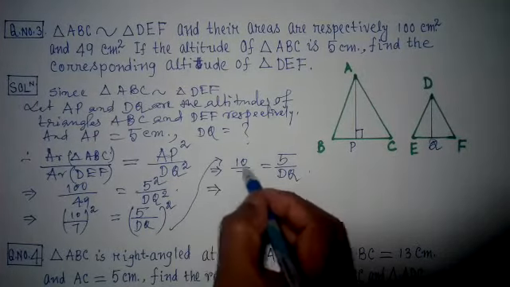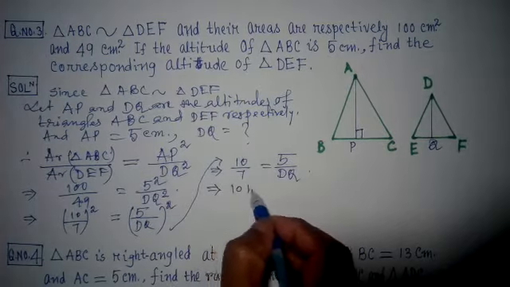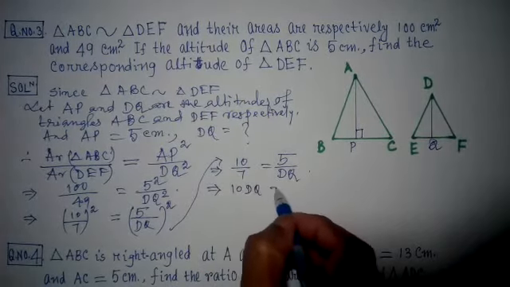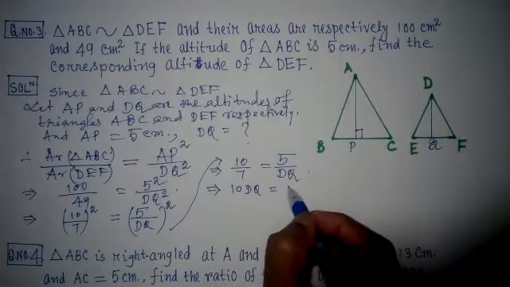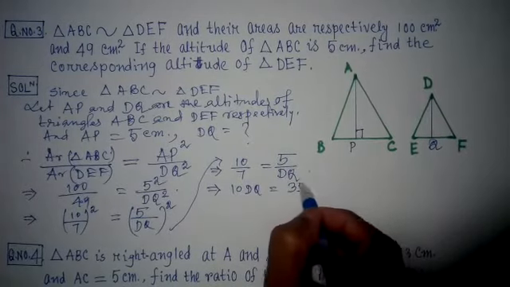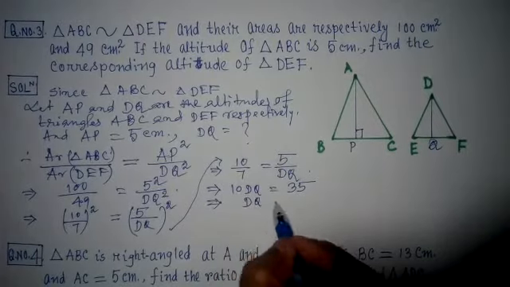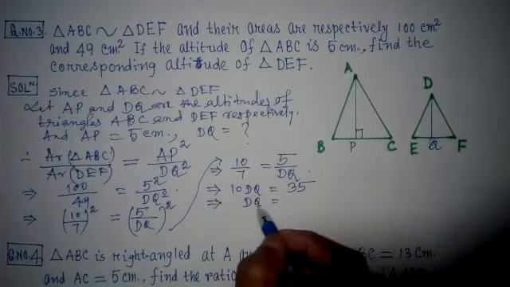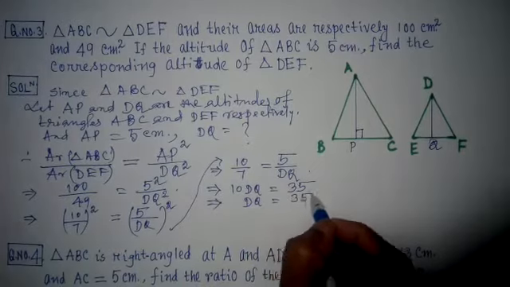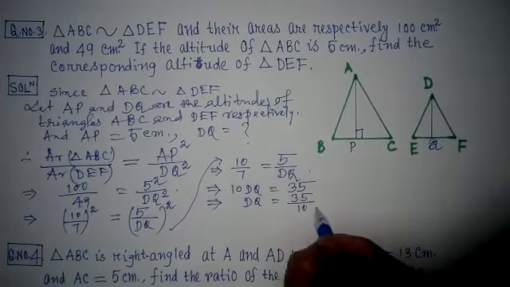So this side is 10 into DQ, 10 DQ, and this side is 7 into 5, 35. So DQ is equal to what? If 10 DQ is 35, DQ is 35 divided by 10.